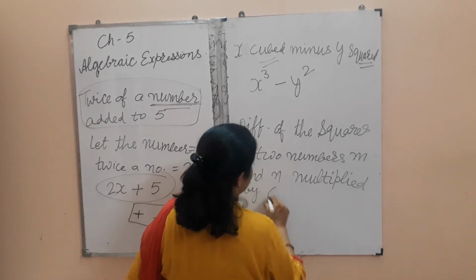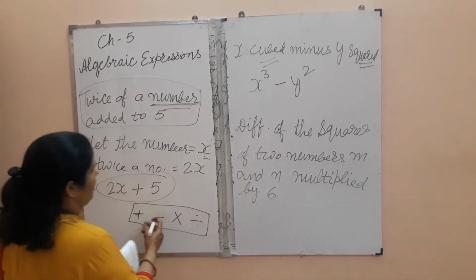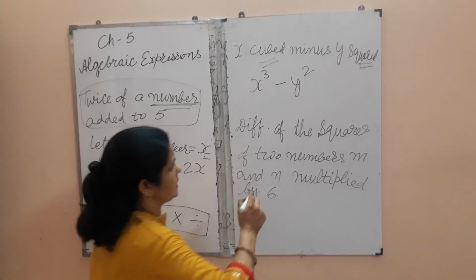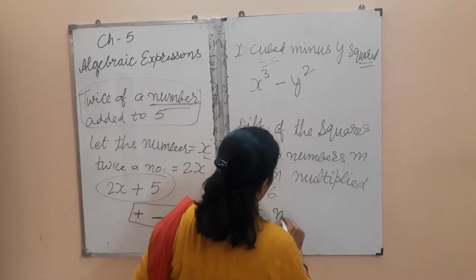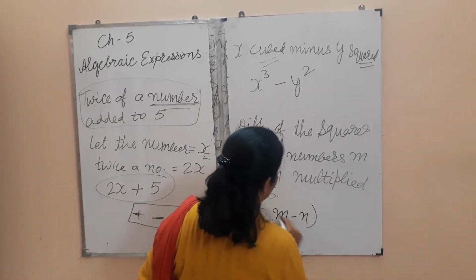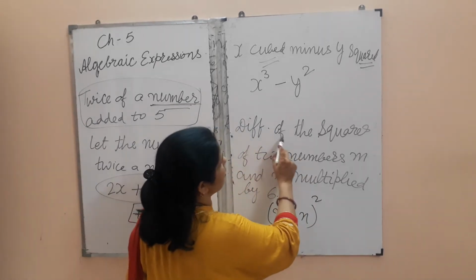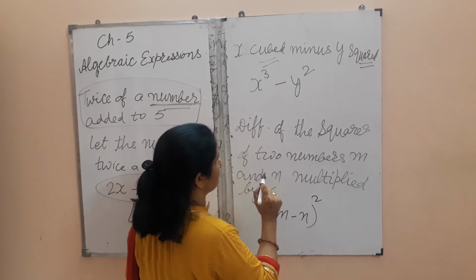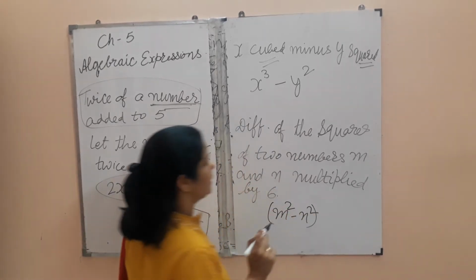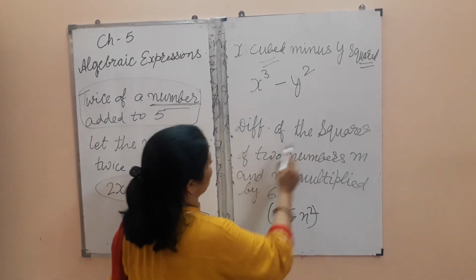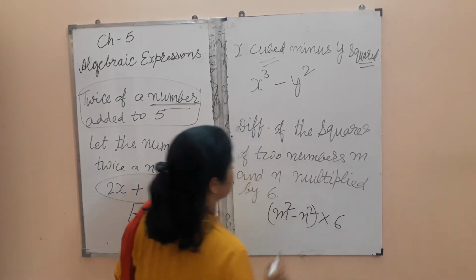So difference means what I have told you: for difference we will use the minus sign. So the difference of squares of two numbers m and n: m squared minus n squared. The difference of squares of two numbers m and n multiplied by 6.